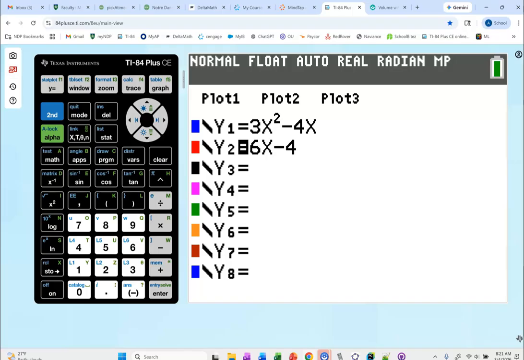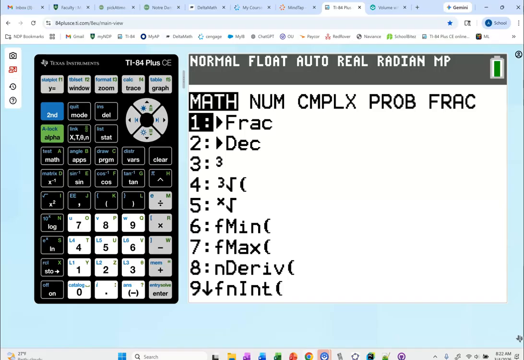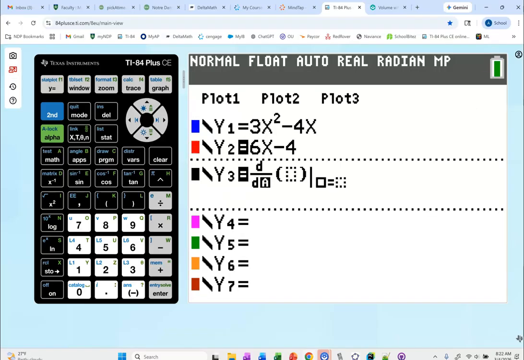I'm going to have the calculator graph the derivative of y1. It can't give me the equation, but it can give me the graph. And I'm going to graph these on the same axis and make sure I get the same line. So to graph the derivative of 3x squared minus 4x, I'm going to press math. I'm going to pick the nDeriv. d/dx 3x squared minus 4x.